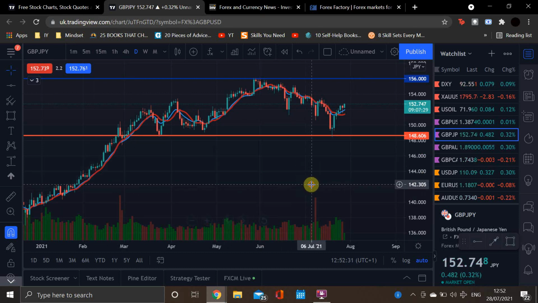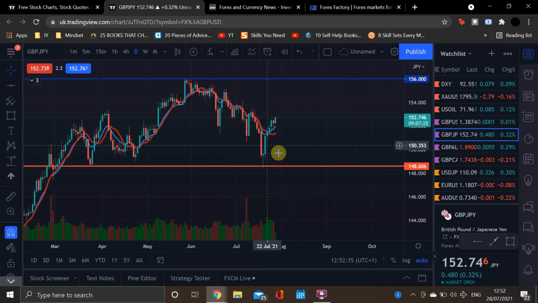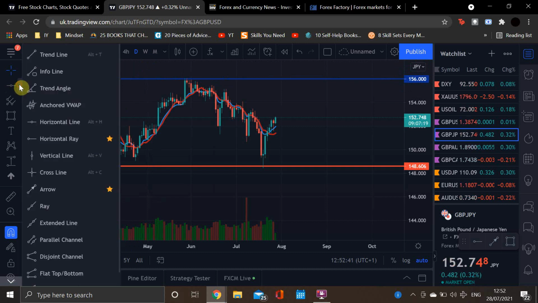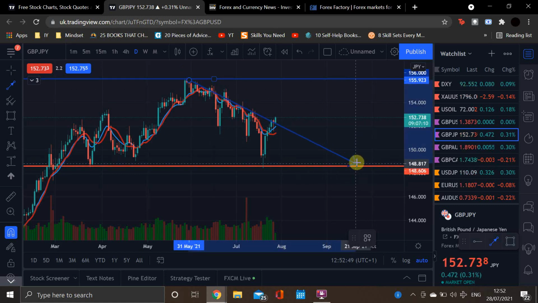And then you kind of see here there was a trend line going on. Broke past the trend line, went back in here. However, look at this.